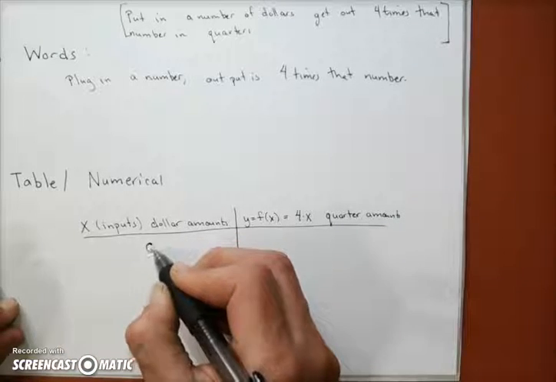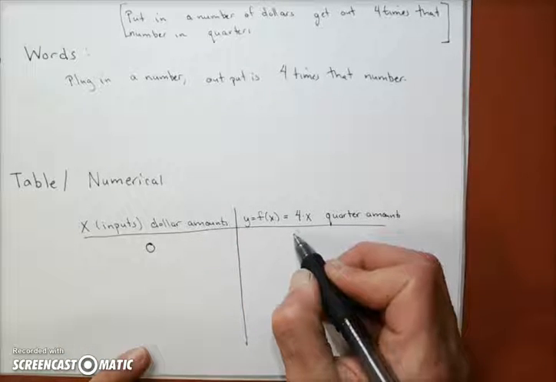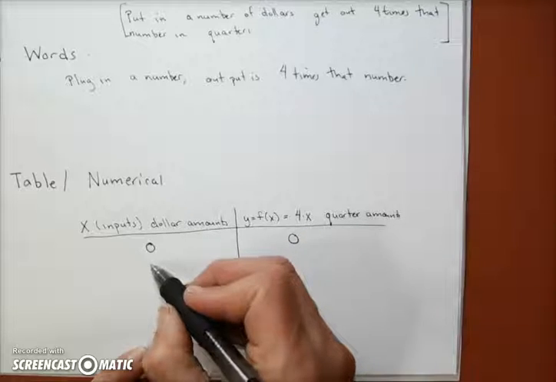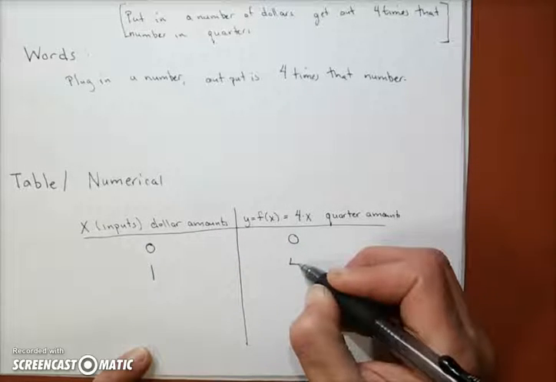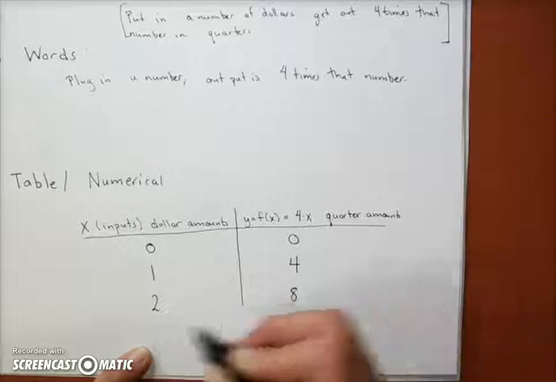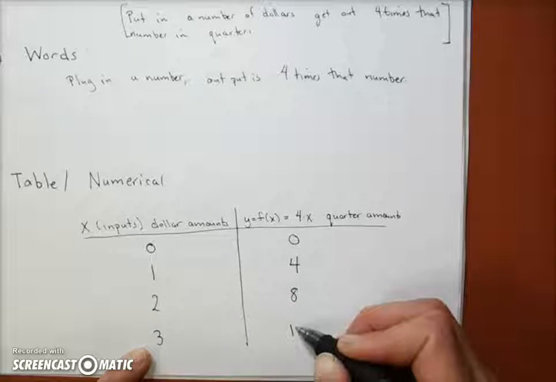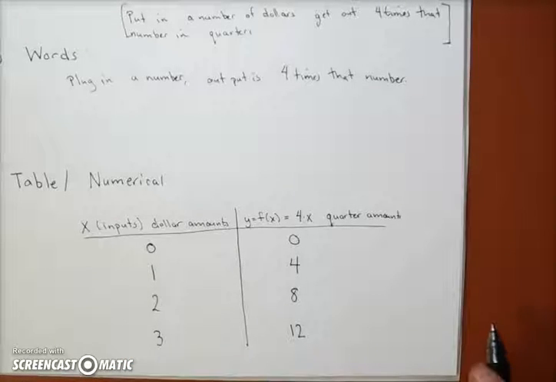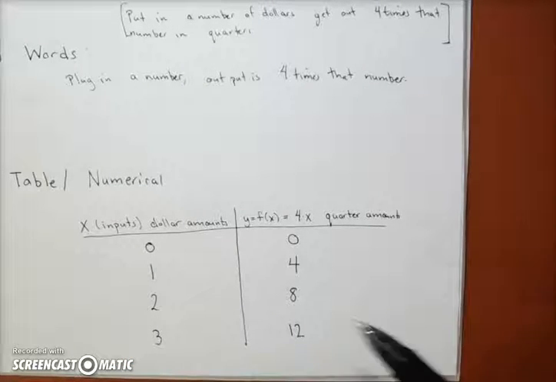So if I input $0, my output is 0 quarters. If I input $1, my output is 4 quarters. $2, output is 8. $3, output is 12. So that's all there is to it for the numerical approach.